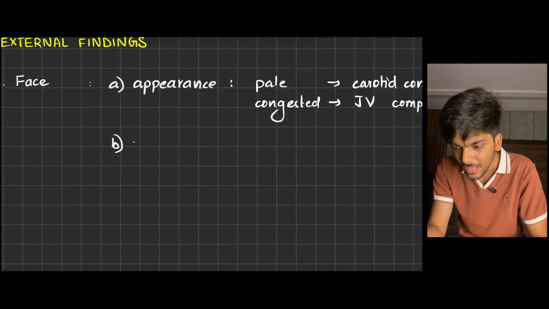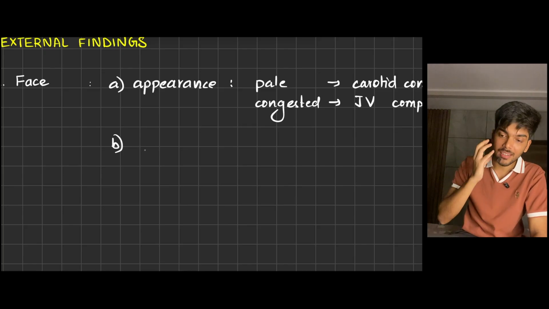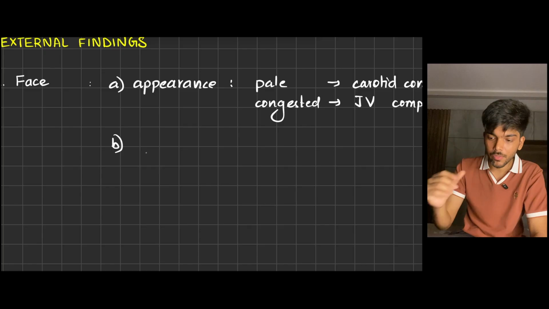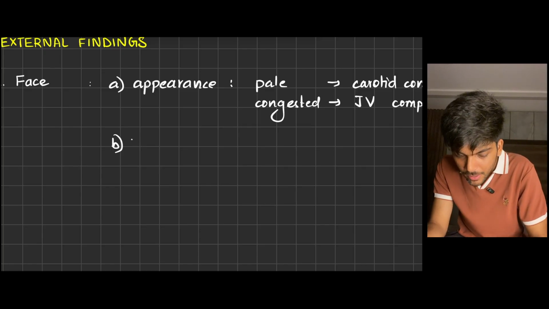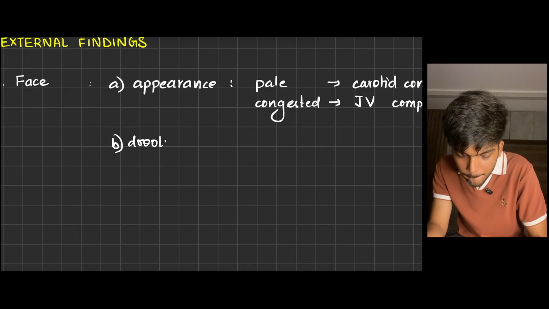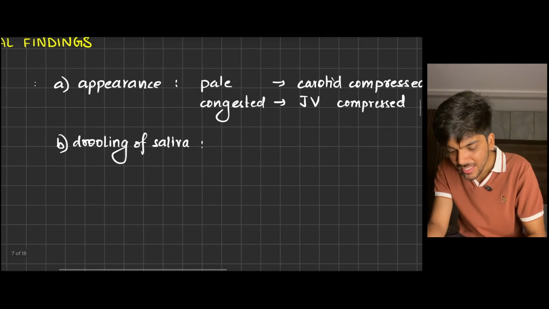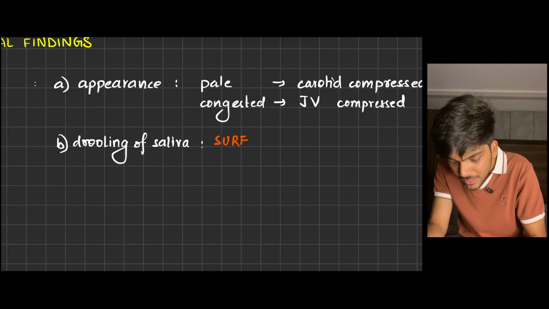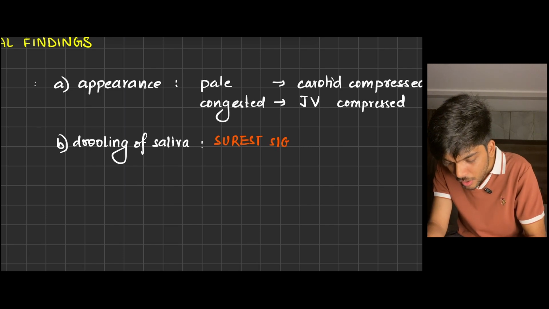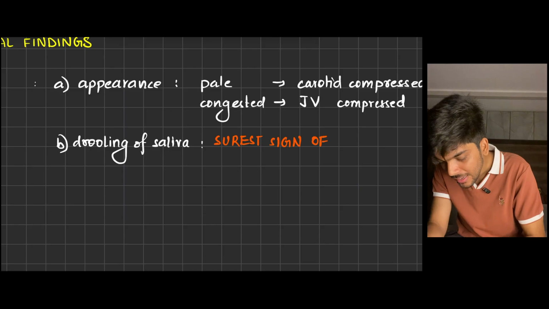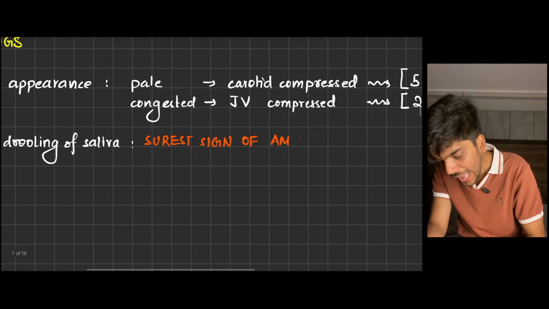B, after appearance, that is the overall color of the face, you look at drooling of saliva. And very important, this is the surest sign of antemortem hanging.